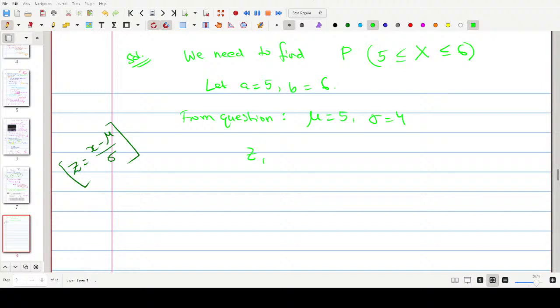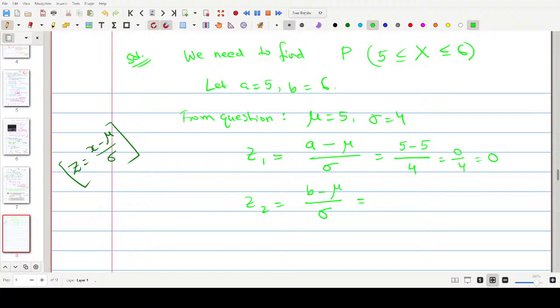So let's use this formula. Z1 equals A minus mu by sigma. A is 5, mu is 5, divided by sigma, which is 4. So that is 0 by 4, which equals 0. Z2 is B minus mu by sigma.